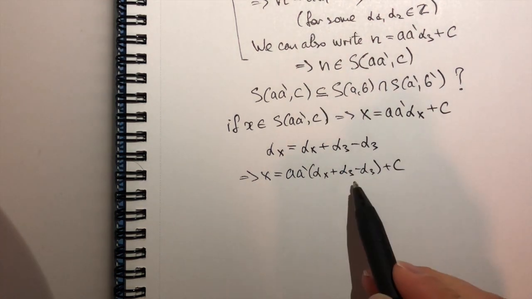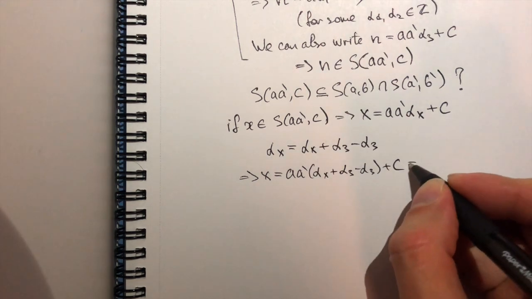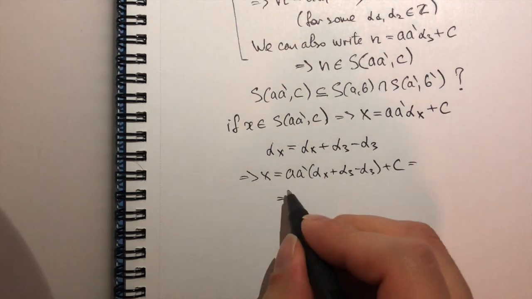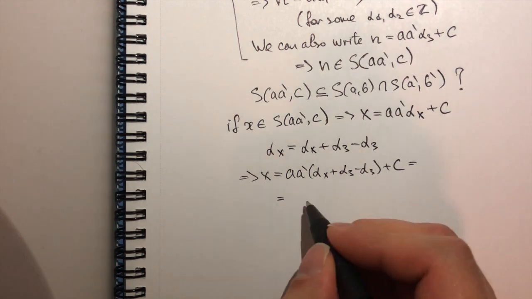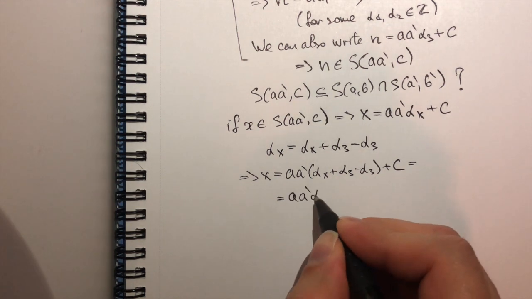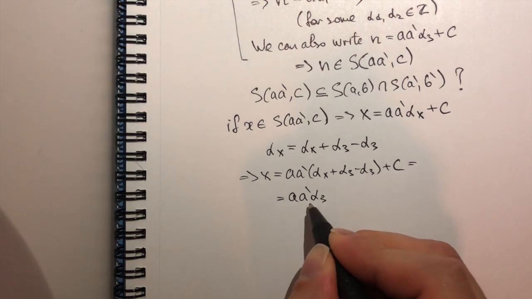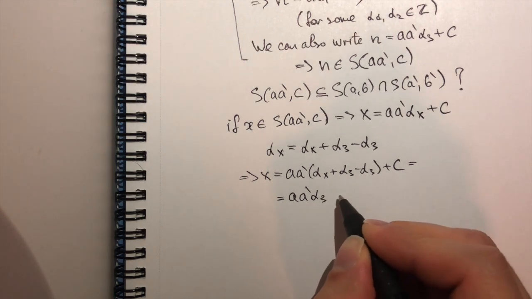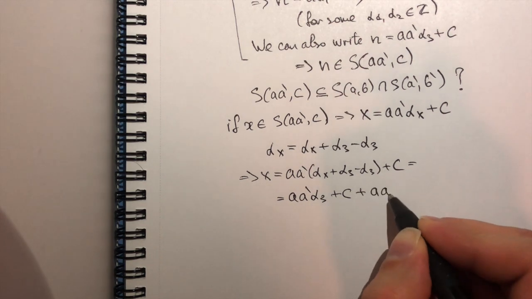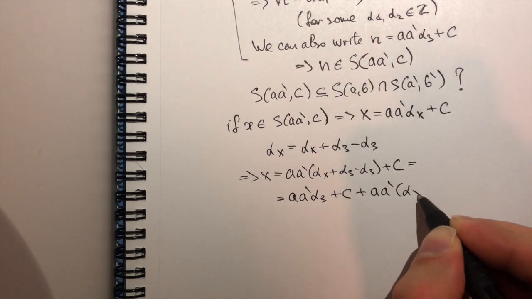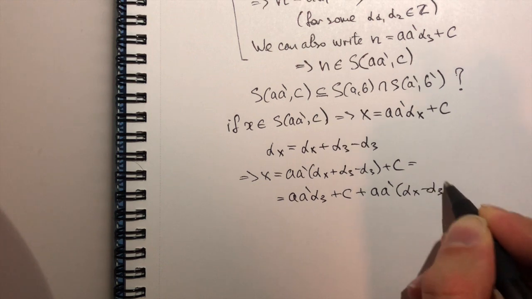I can then expand this bracket, leaving alpha 3 inside and two other terms outside to get A prime alpha 3 plus C plus A prime times alpha x minus alpha 3.